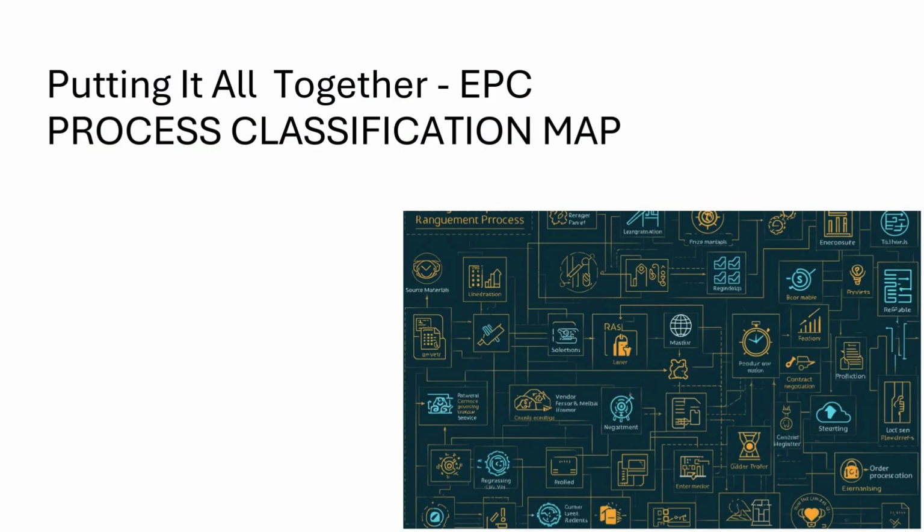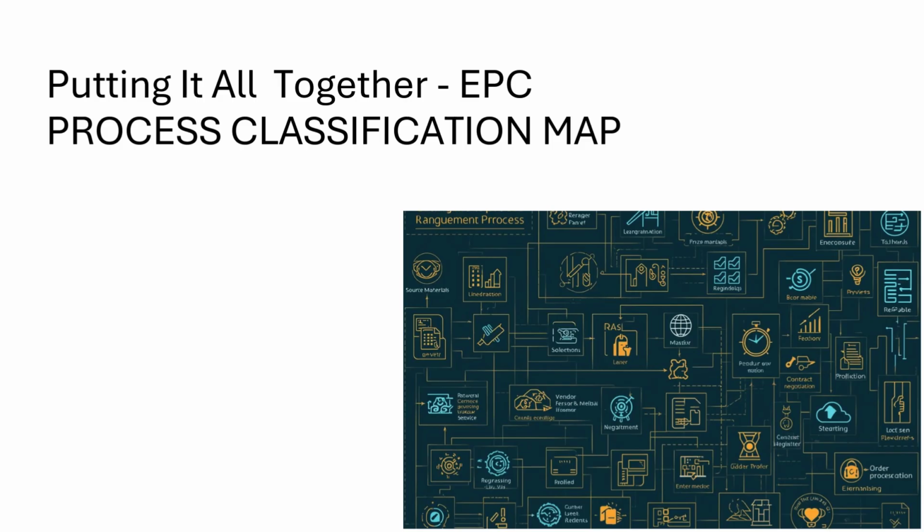So in a nutshell, a simple way to classify is: core processes mean what we deliver, support processes are what helps us deliver, and management processes are what guides delivery. You can visualize your EPC company like this. Core processes like win the project, plan the project, engineer, procure, build, bill, and commissioning and handover.